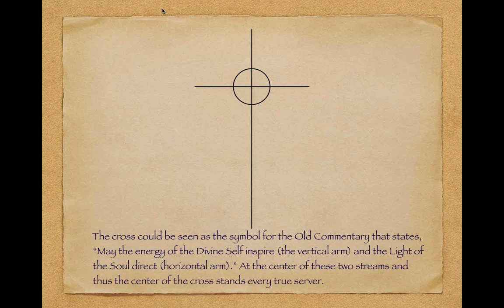At the center of these two streams, and thus the center of the cross, stands every true server or unit of consciousness, as we were discussing earlier, receiving the divine inspiration from above through the top half of the vertical cross, and then the scope of the service being indicated by the directing of the light of the soul. And then the downward arm, as Scott suggested, the grounding, the fact that, if this is 7 subplanes, we're looking at earthly existence here.